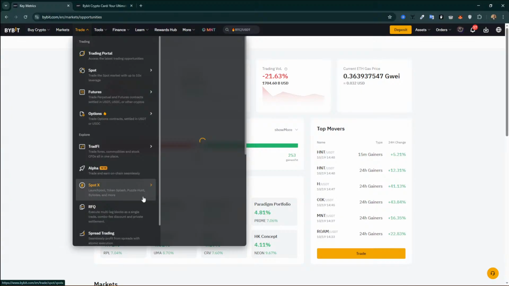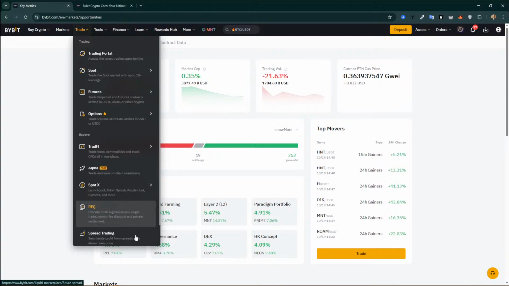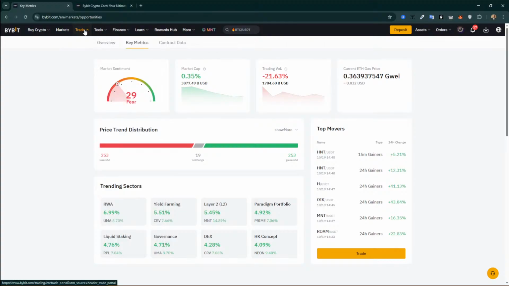So ByBit provides for you a platform to launch your tokens. And then RFQ, multi-leg blocks as single trade, spread trading, and what else down here? Pre-market trading. Okay, most of the things are advanced, but let's take a look at the trading portal.